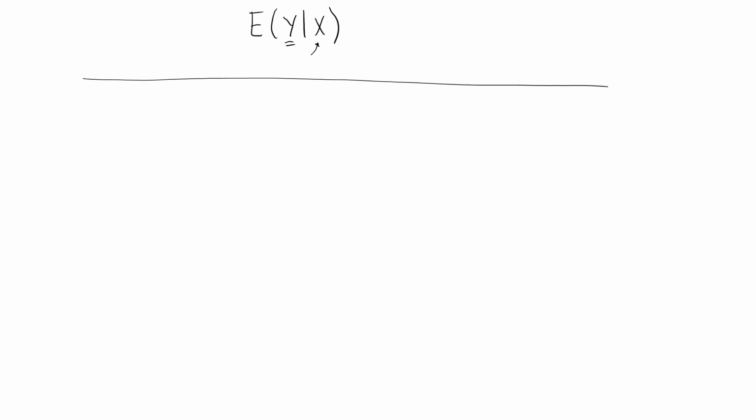We had 4 very important results for the expected value and the variance of a linear function of a random variable. If c is an n by 1 vector of constants, then the expected value of this linear function, I can take this c outside, so it's c prime E of x. The variance of this linear function, I need to take c once here and once here.